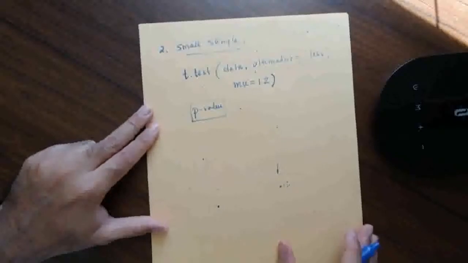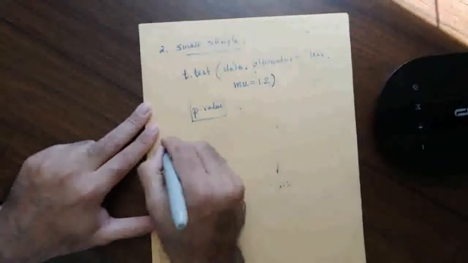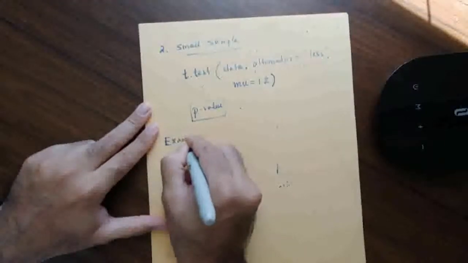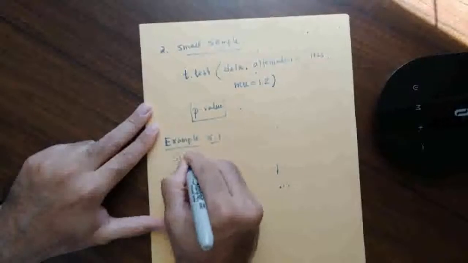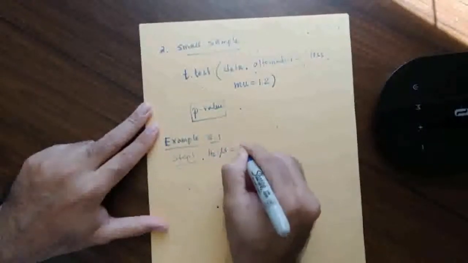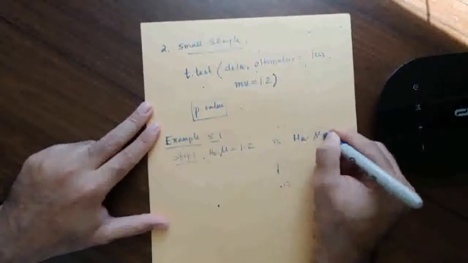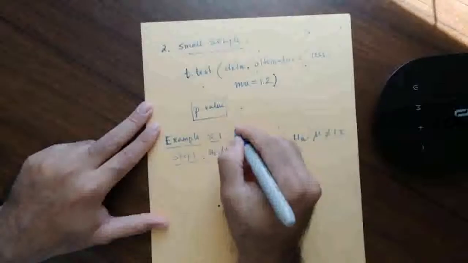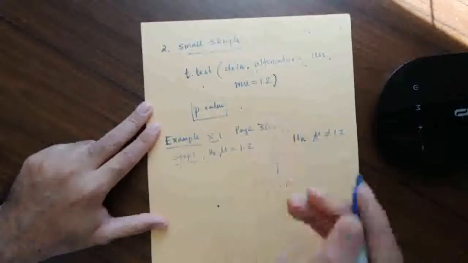So that's pretty much the structure for the small sample. So for the example 8.1, the step 1 that I wrote before is mu equal to 1.2 versus the alternative mu not equal to 1.2. It's on page 360.